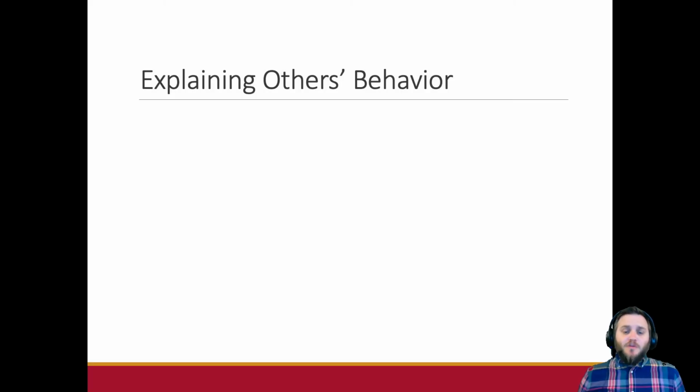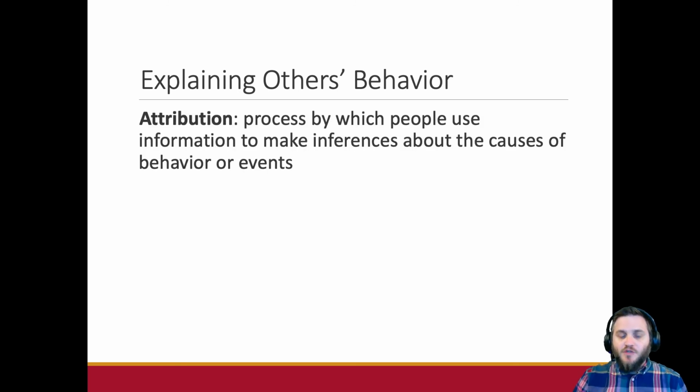Attribution is just a fancy way of saying, how do I explain other people's behaviors? Attribution is the cognitive process by which people use information to make inferences about the causes of behaviors and events. Attribution theory is the umbrella term used to describe the theoretical explanations of how people assign causes to the events around them.